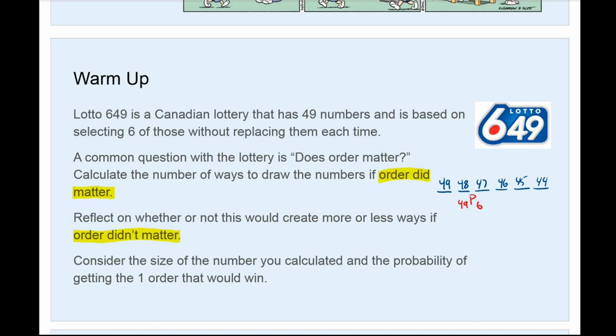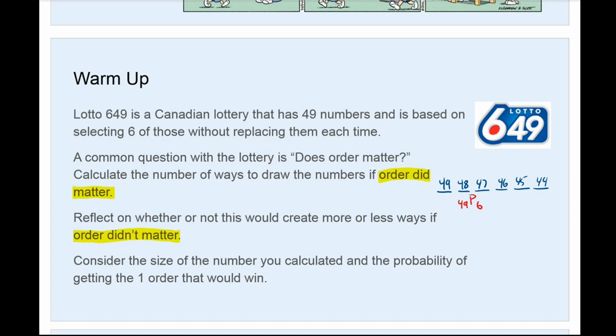And consider the size of the number that you calculated and the probability of getting the one order that would win. So think about that for a second. If you have to pause the video, you can, but just think. We know how to figure it out if order did matter. Would you have more or fewer ways if order didn't matter? And then think about the size of the number you calculated and the probability of getting the one order to win.